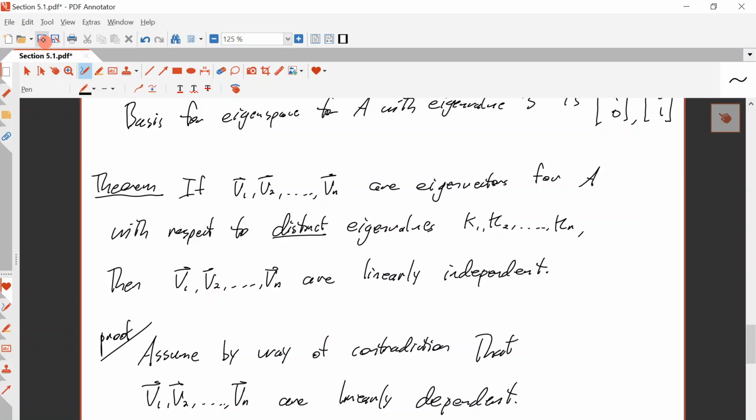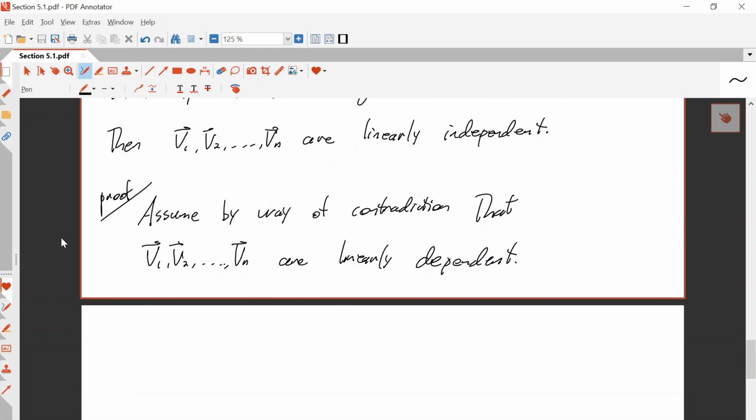Now, remember what we were talking about back in the section on bases. When you have a linearly dependent set of vectors, you can keep tossing away vectors that are dependent until you get to a linearly independent subset. Akin to that is the following.